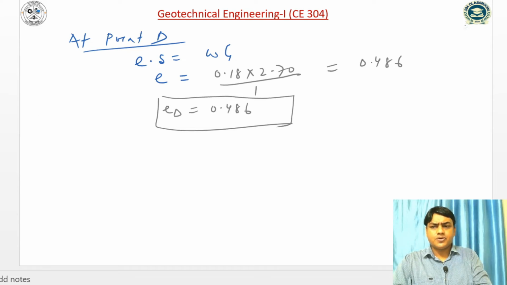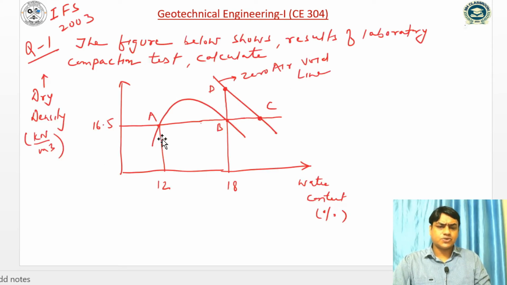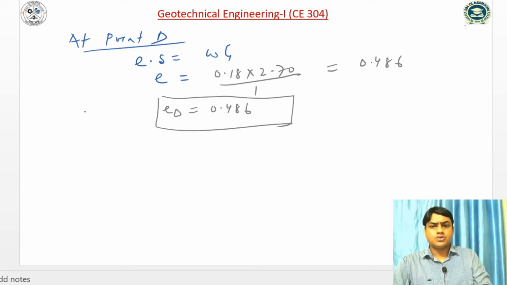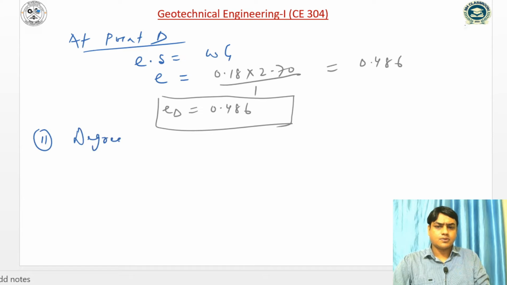Similarly, we can compute in the second part, that is the degree of saturation at A, B, C and D. At A, we know the value of water content, and we have already computed the void ratio. So by putting eS is equal to wG, we can compute the degree of saturation. So second part, degree of saturation.